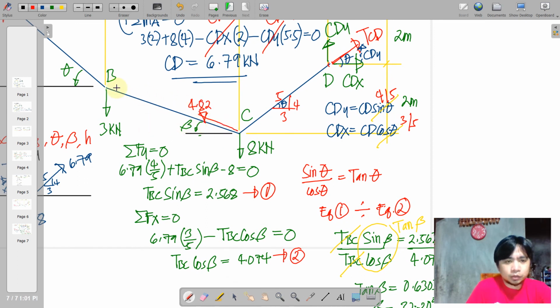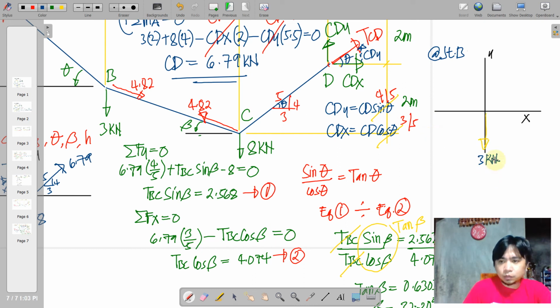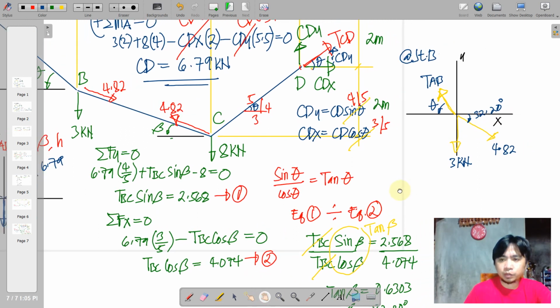So that we can again isolate this joint, draw your x and y axis, and consider joint B. So we note the loadings here. We have the downwards 3 here. This is TAB inclined at your angle theta, and your 4.82 force here inclined at beta, which is equal to 32.2 degrees. Okay, so we're going to work with this now.